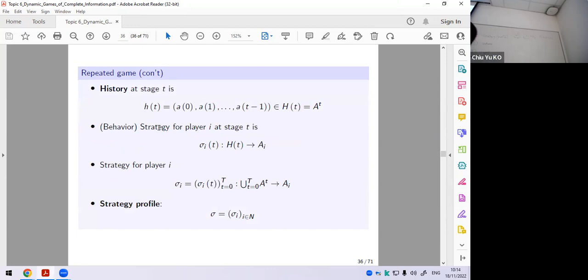History is all the actions that have been taken in the past. Your strategy, which we sometimes call a behavioral strategy, says what you are going to do at this point of time depending on the history. A strategy is for all periods of time, because this is just period t. And a strategy profile is every player's strategy.